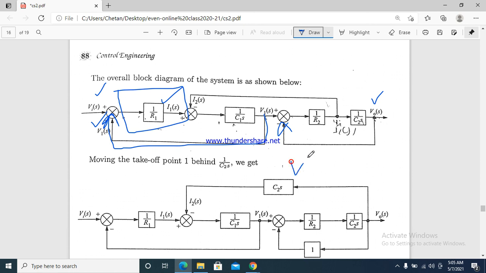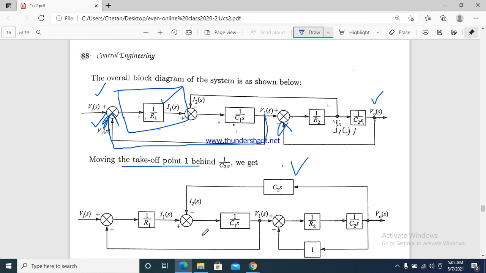Next, they have rearranged it in the next diagram by moving a takeoff point behind 1 by C2 of S. Which takeoff point have they moved? Just observe in this diagram.